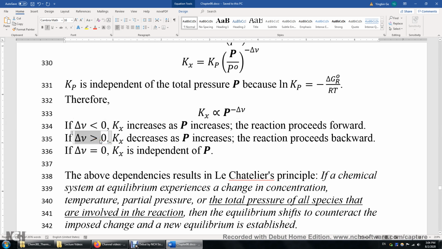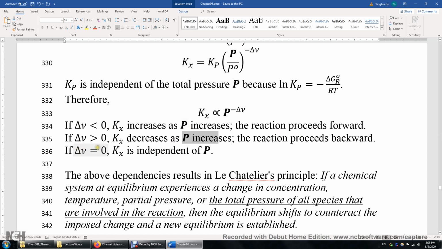That means you have more gases on the product side, you have fewer gases on the reactant side. And then, when the total pressure increases, the reaction proceeds backward, again toward the side with fewer gases. So just imagine, when we increase the pressure, when we compress the chemical system, it will shift to the side with fewer gases.